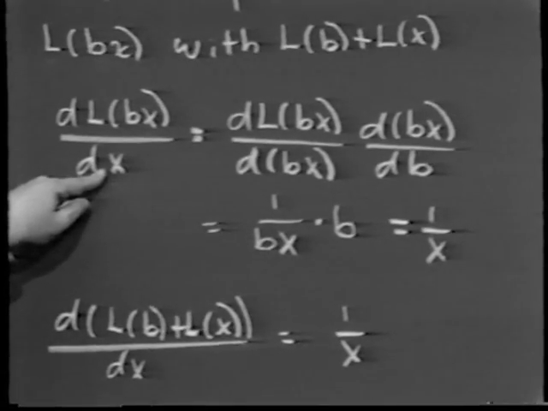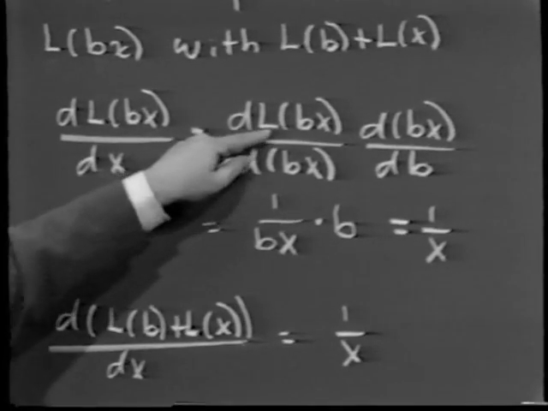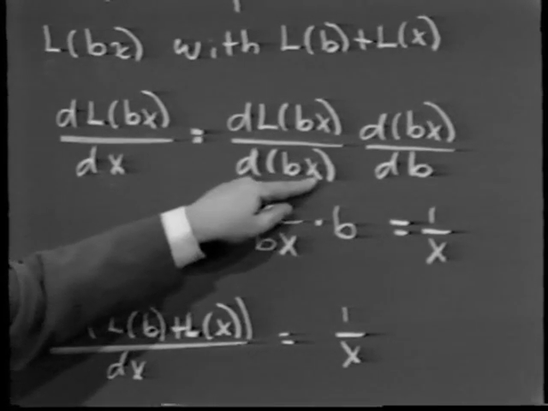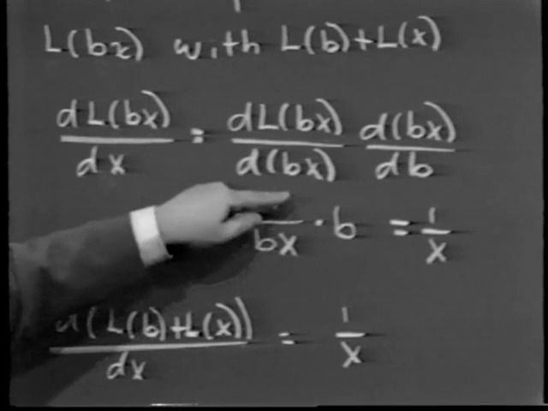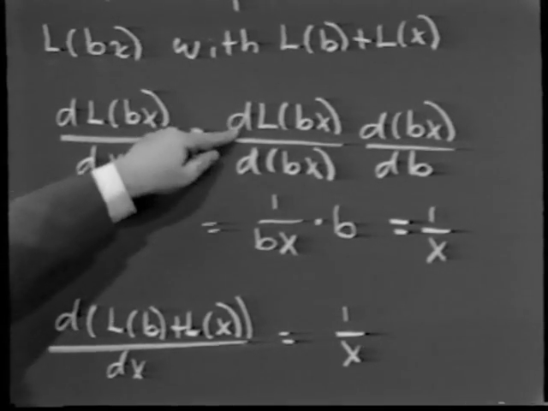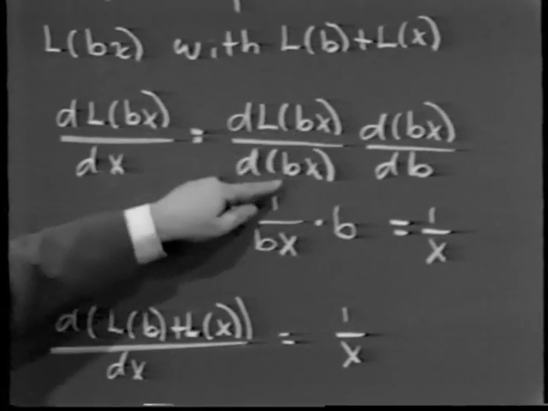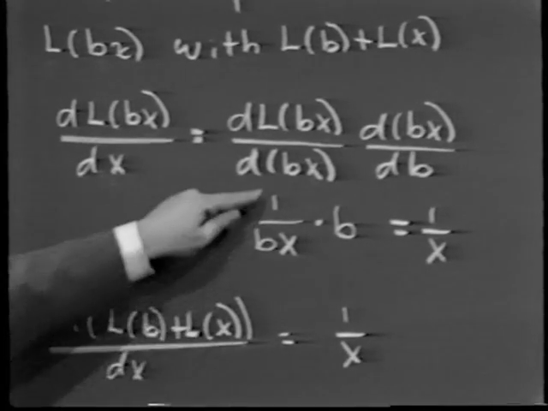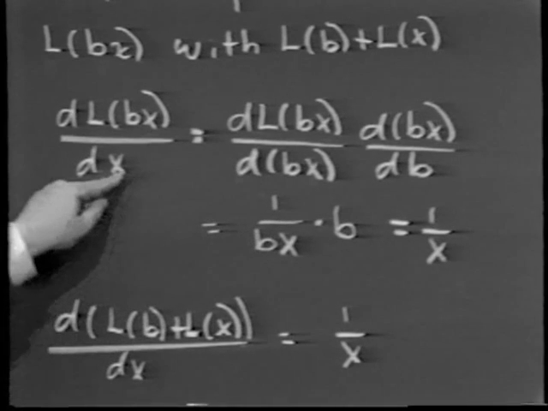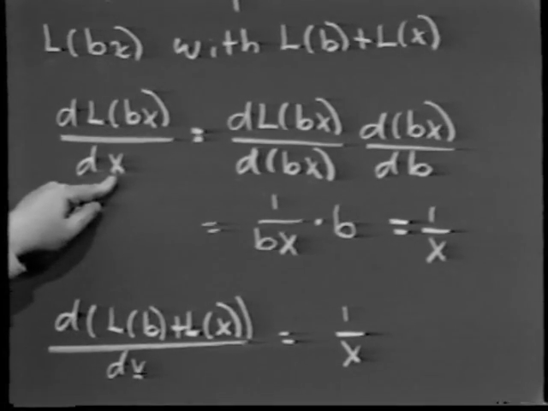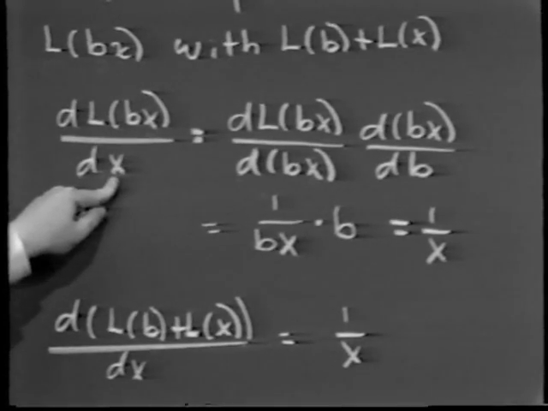You see, if we were differentiating L of bx with respect to bx, that would be 1 over bx. I shouldn't say by the chain rule yet. What I'm saying is, if we differentiate L of bx with respect to bx, we would have 1 over bx. But we're not differentiating with respect to bx, we're differentiating with respect to x. And this is where the chain rule comes in.